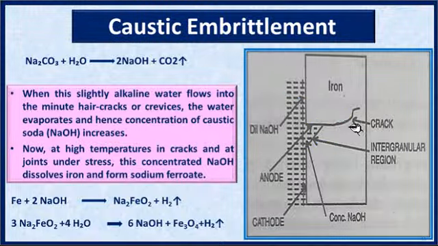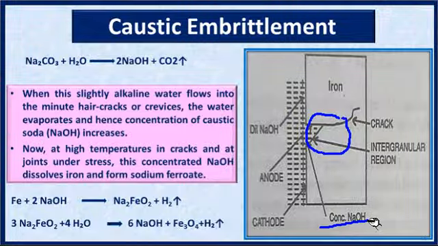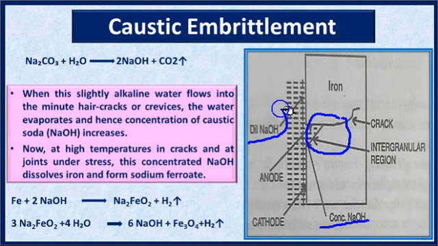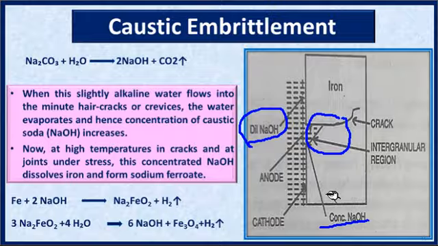Because in this crevice area, in these hair cracks, the concentration of NaOH is higher, while in the bulk area, the remaining area of the boiler, the concentration of NaOH is lower. So the metal surface becomes chemically non-uniform. One is the crack area which is in contact with concentrated NaOH, and the other is the bulk metal surface which is in contact with dilute NaOH.